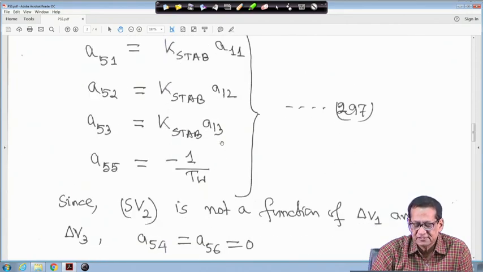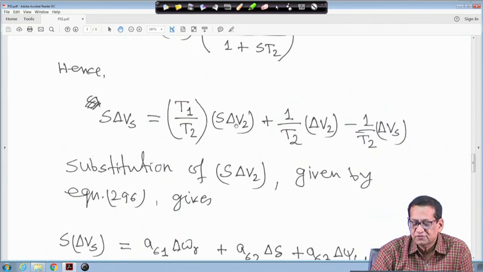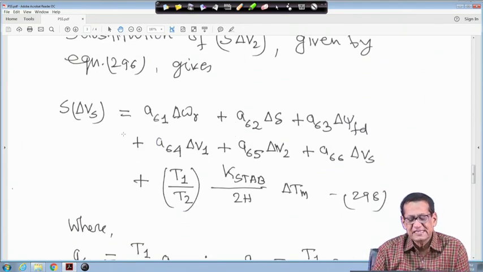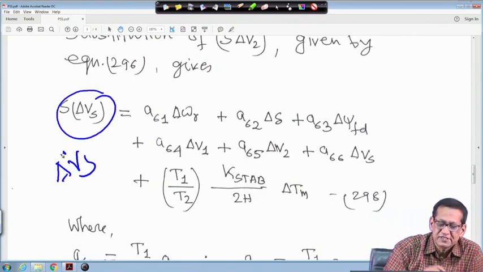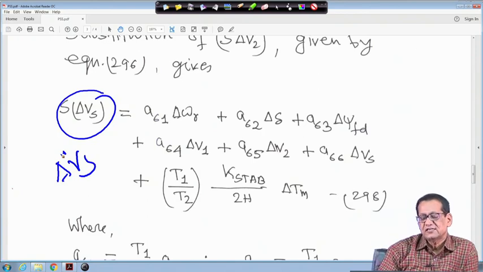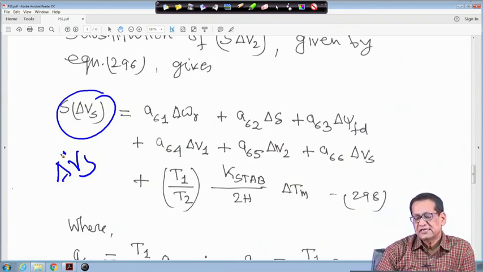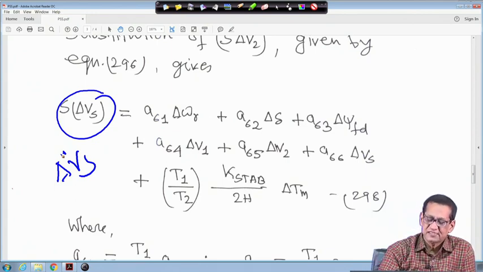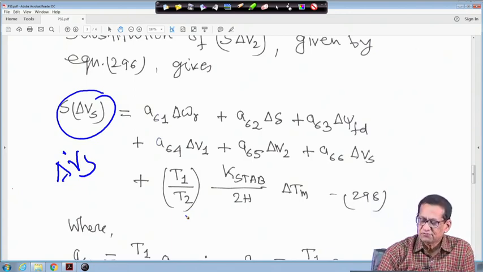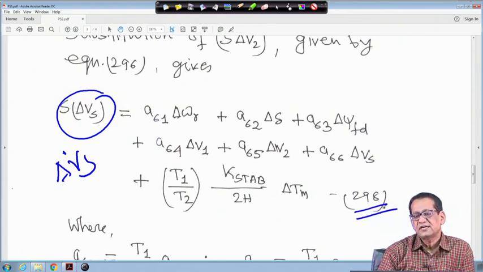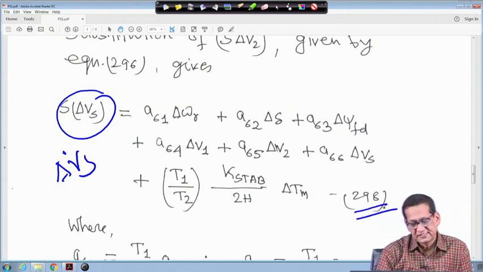This equation 296 you substitute here, and if you do so you will get s delta Vs, that is delta Vs dot, equal to A61 delta omega r plus A62 delta delta plus A63 delta psi fd plus A64 delta V1 plus A65 delta V2 plus A66 delta Vs plus T1 upon T2 into K stabilizer upon 2H into delta Tm. This is equation 298. So, this is the sixth state variable.